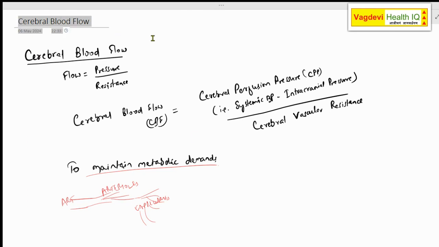Cerebral blood flow. Here we will talk about which factors are deciding the factors affecting cerebral vasculature.